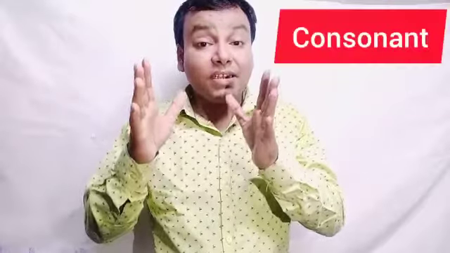A and AN are used with one person, one place, one thing, or yes, one animal. Article A is used before nouns which begin with a consonant.